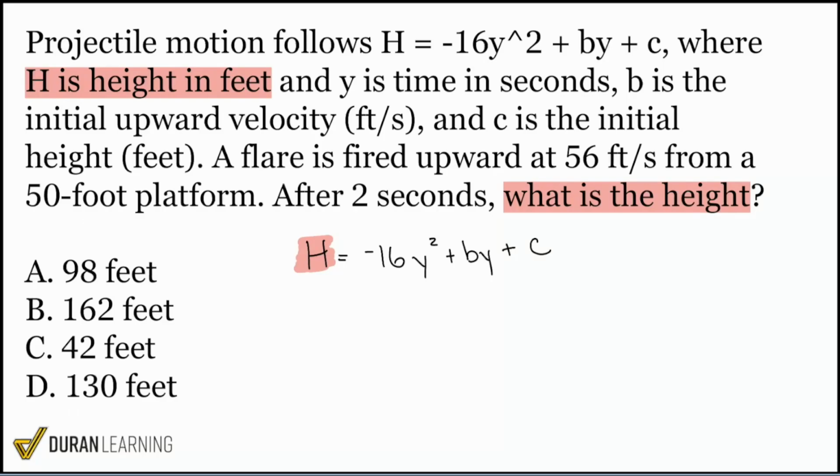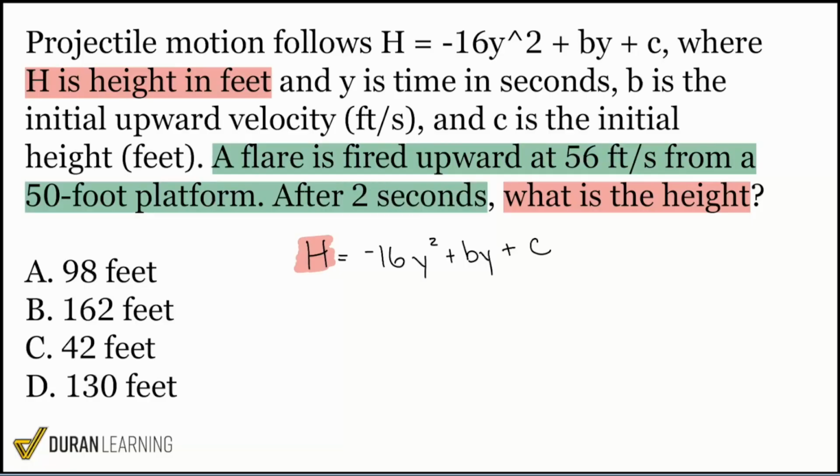Okay. And remember, we want to go ahead and explain to ourselves where we can. But we have everything we need now. We know what we're looking for. And now what we need to carefully do is replace these values that were given here in green. We want to replace each of these values given to us in the right spots.